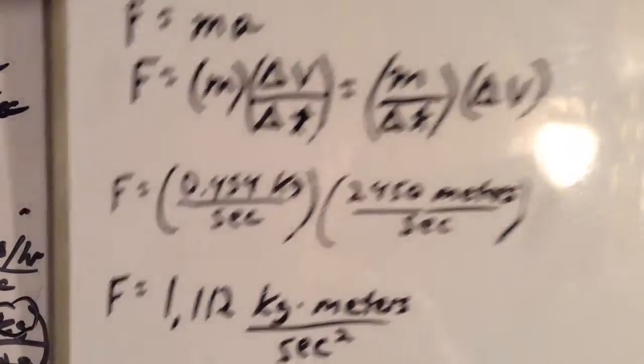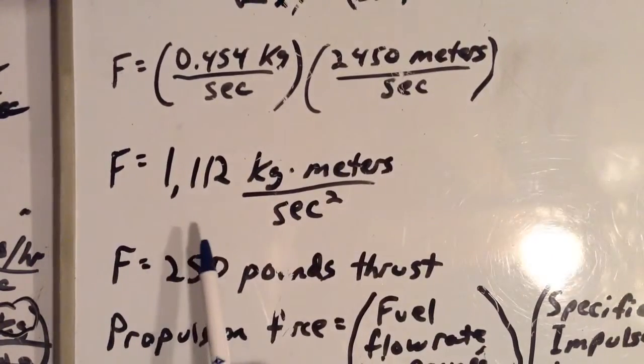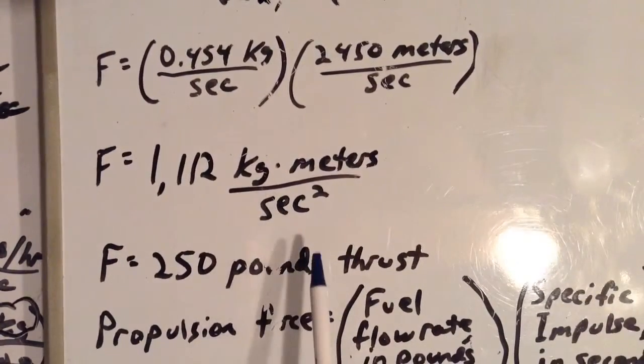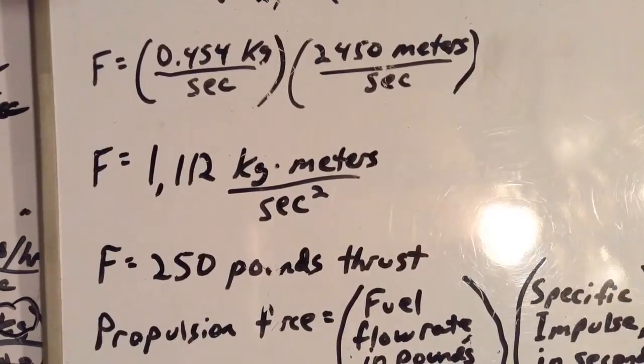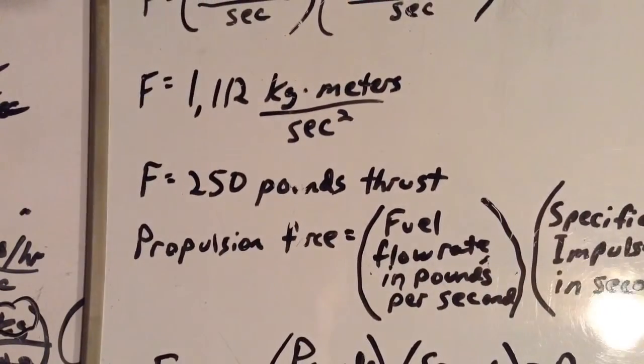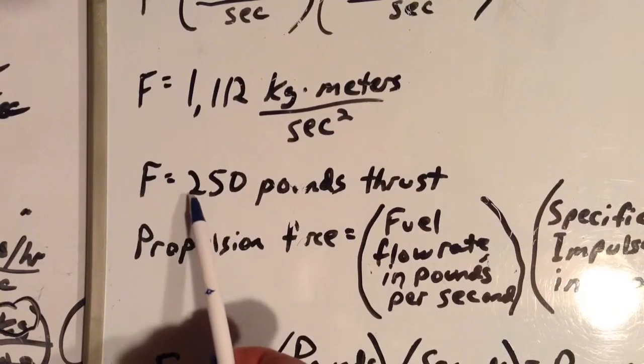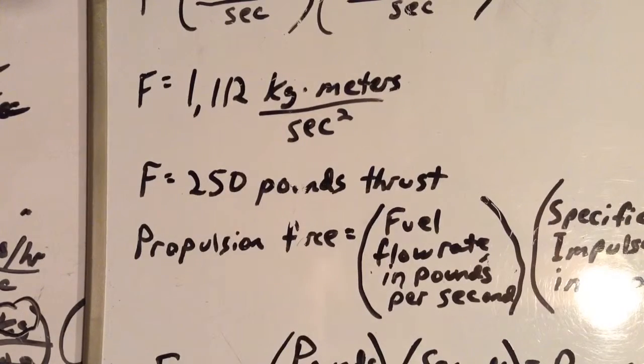So our force is that times that, which is 1,112 kilogram meters per second squared, or 1,112 newtons. And since a pound is 4.45 newtons, we divide this by 4.45 and we get a force of 250 pounds of thrust.